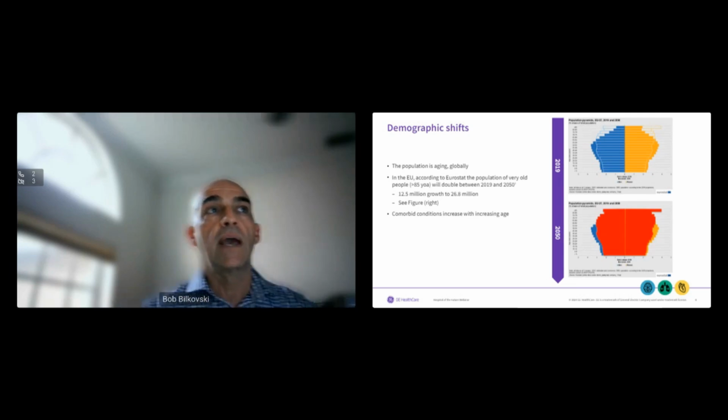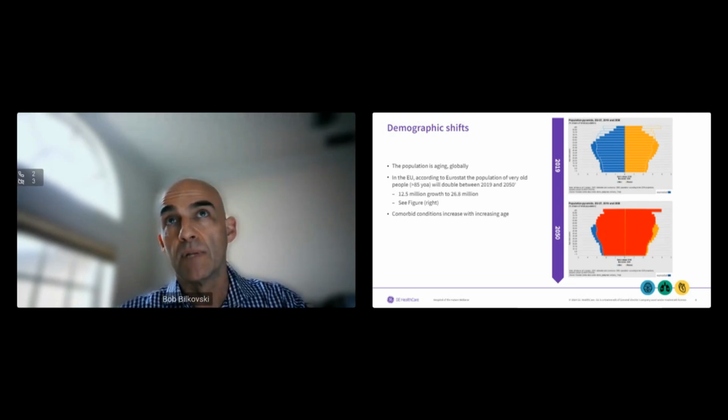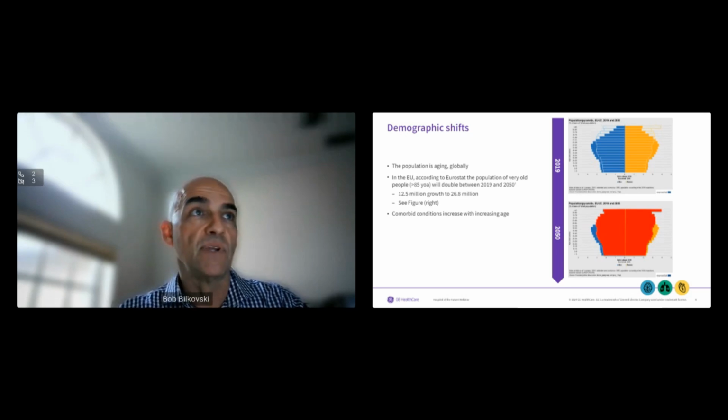Specifically, if you look at those that are older than 85, between 2019 and 2050, you're going to see almost a doubling from 12.5 million to just under 27 million 85-year-olds in the European Union.